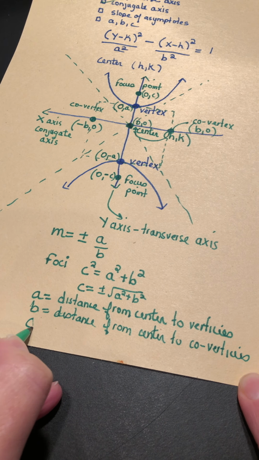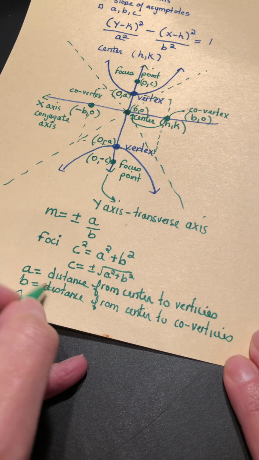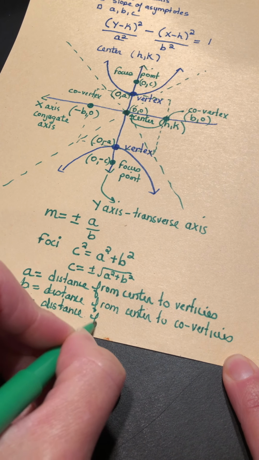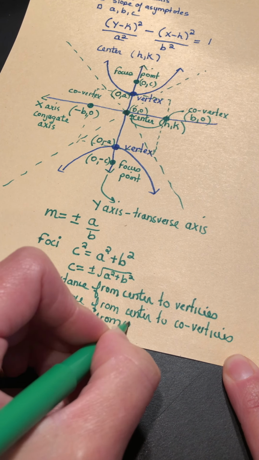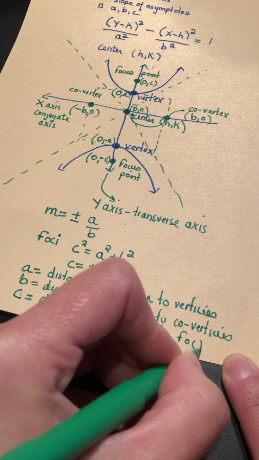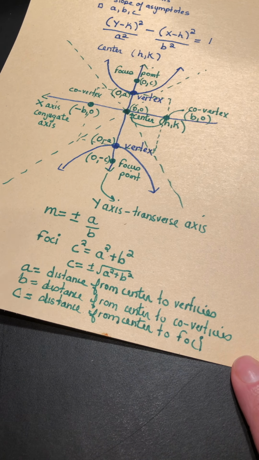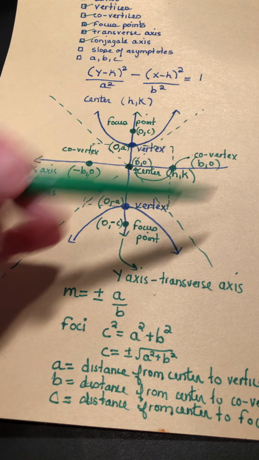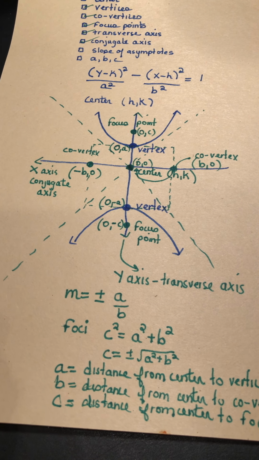And finally C, just like in the other video, is going to be the distance from the center to the focal points, or the foci. So everything is the same in terms of A, B, and C. It's just located vertically.